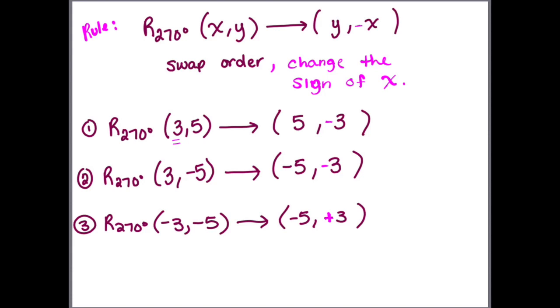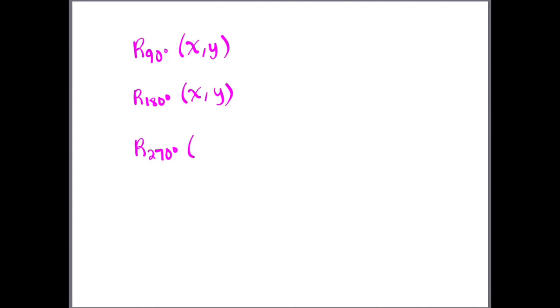So let's review. We have 3 rotations we saw. Rotation of 90, of 180, and now of 270. So here we have our x, y starting points, because we always start with positive x, y.